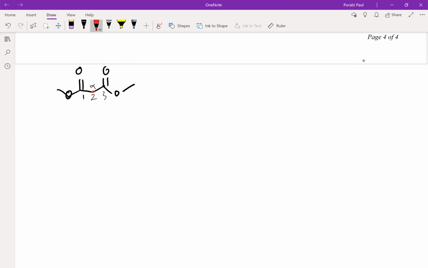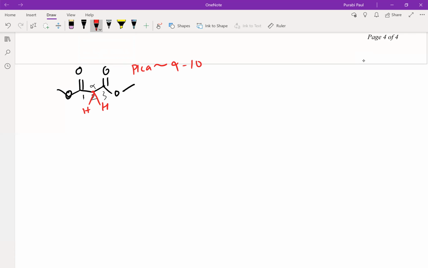So if you have two electron withdrawing groups next to these alpha protons, it makes them super acidic. So as you will know, these have pKa's in the range of probably 9 to 10, as compared to a single carbonyl, which has a pKa about 10 units greater.